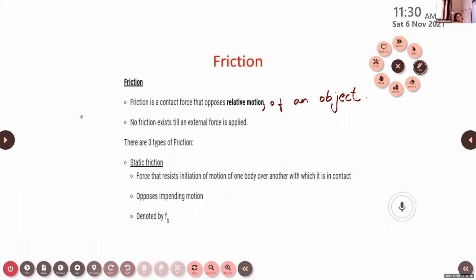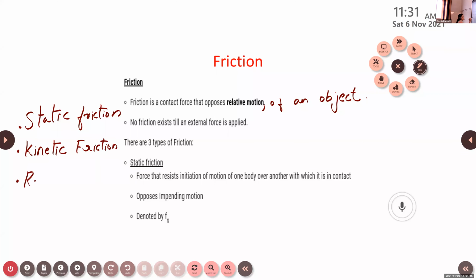The first one is static friction. We have different types of friction. Second one, kinetic friction. And the last one, rolling friction.